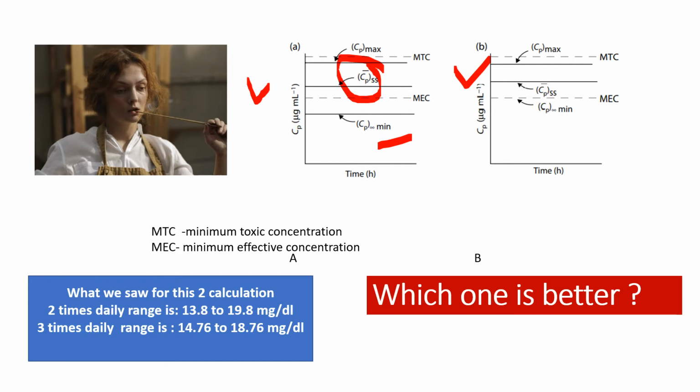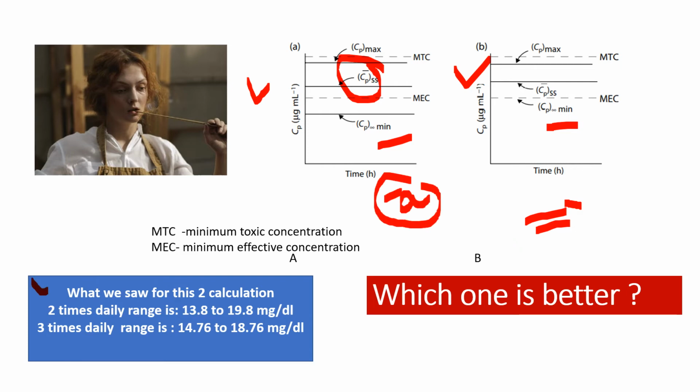But in figure B, the steady state plasma concentration lies between MTC and MEC, and the minimum plasma concentration is also close to the MEC. It is just above the MEC. So a drug that shows this type of PK, pharmacokinetics, is better compared to the drug that shows the figure A kinetics.